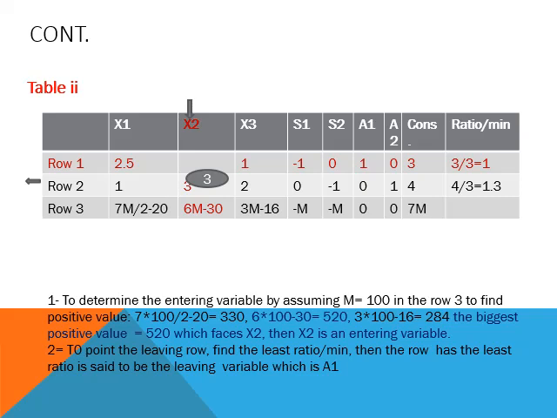In case of minimization, the entering variable, the key variable, the entering column, is that variable which faces the biggest number in row 3 or row Z. So x2 is set to be the entering variable because it faces the biggest figure in row 3, equal to 520.